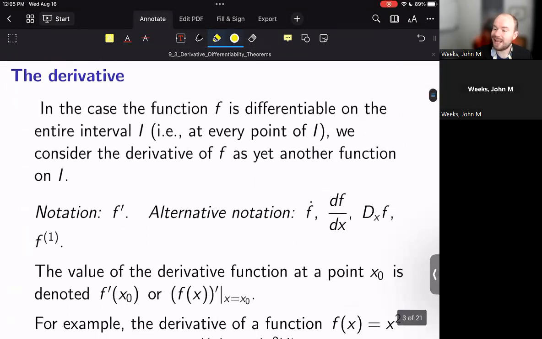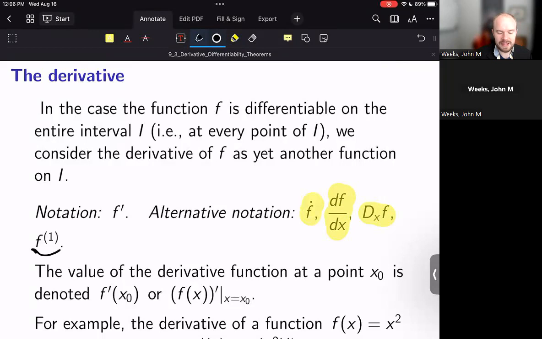Now, the derivative has a lot of different notations, a lot of different ways to be written. So we can write this as f prime. Sometimes it's written with a dot above the f. I see this actually a good bit in differential equations. df over dx is one way to write it. D sub x, where D is the differential operator that we might be a little bit used to from before, and the subscript of that differential operator tells us what variable we are taking the derivative with respect to.